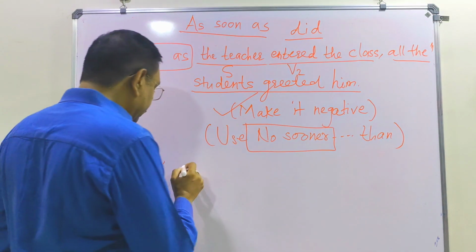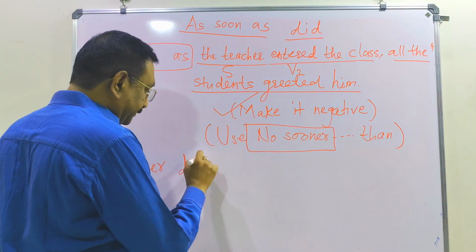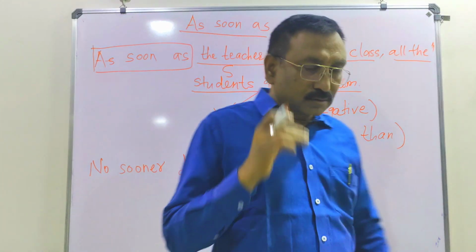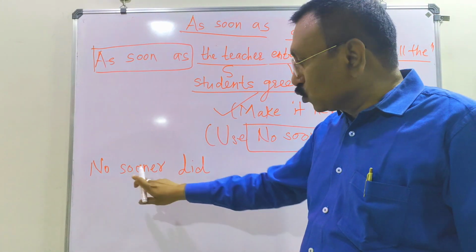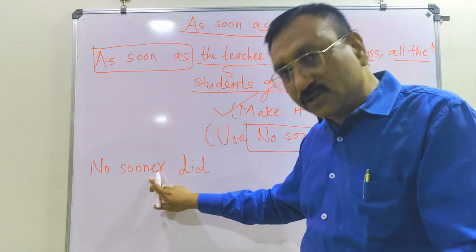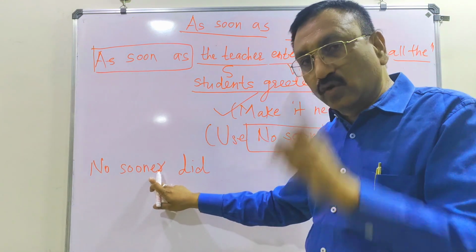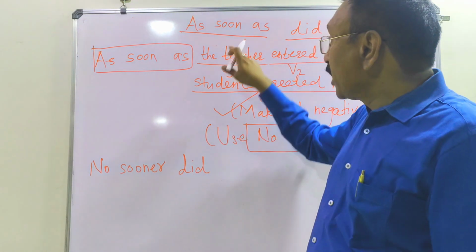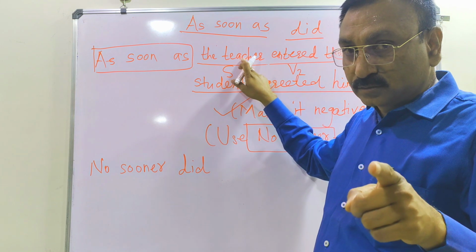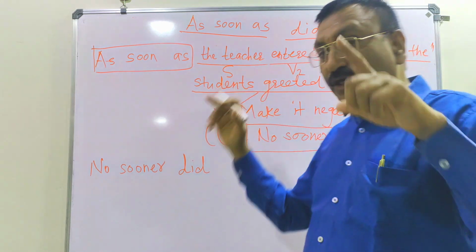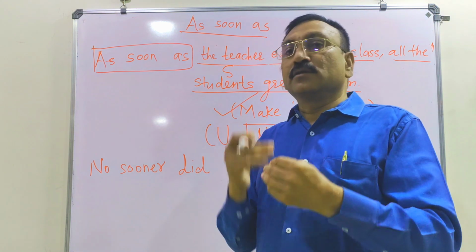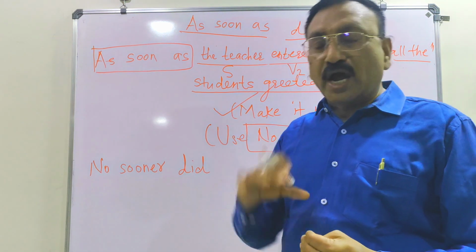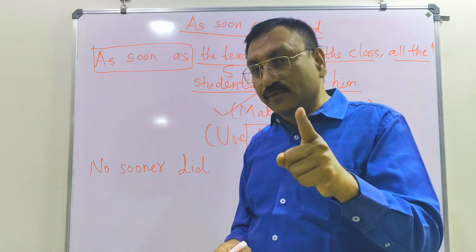And that's why we are going to use the auxiliary verb did after the conjunction no sooner. So I write did here. Let me make it clear: the conjunction no sooner is often followed by the auxiliary verb available in the first clause. I also clarified, if an auxiliary verb is not available in the first clause, then students need to identify the tense of the first clause.